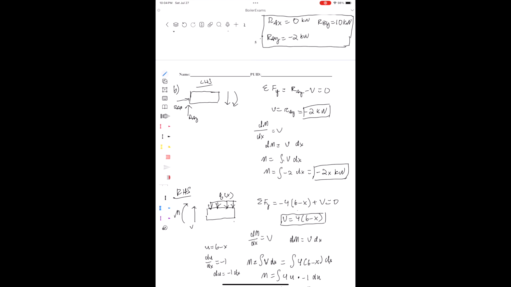I really should have specified this earlier in the problem, but the left-hand side is from 0 to 4, and then the right-hand side is from 4 to 6.